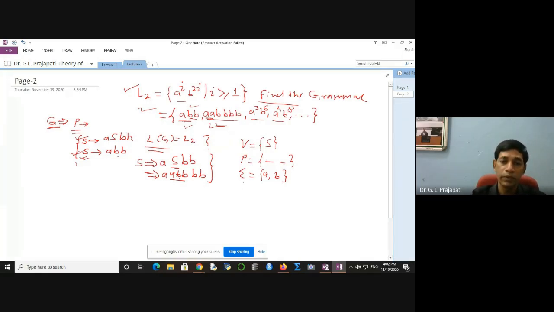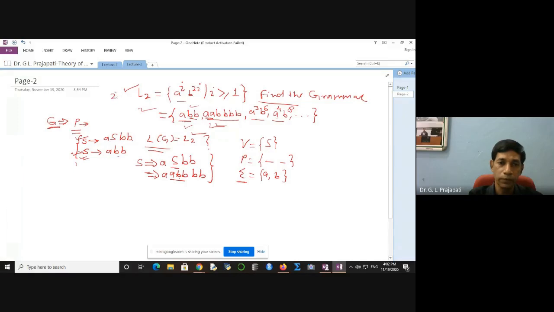Again, I am telling you that finding the grammar for an unknown language is a very difficult task. So here, this is the grammar G which generates L2. Now you can go for some more grammars. So let us see.